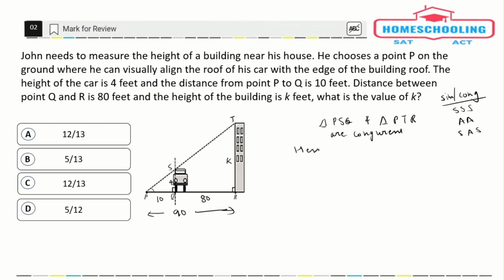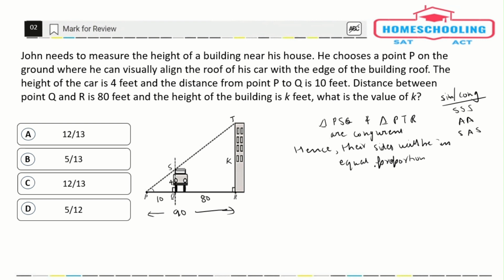hence their sides will be in equal proportion. We have read this proportion in the basics of triangles chapter.